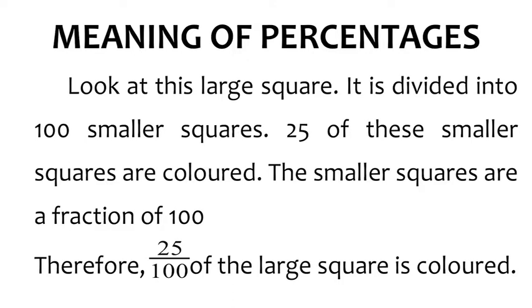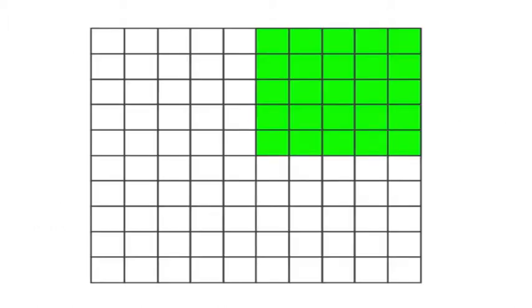If you look at it carefully again, 25 of the squares is colored. The 25 squares that are colored show that out of this 100, 25 is picked and colored.